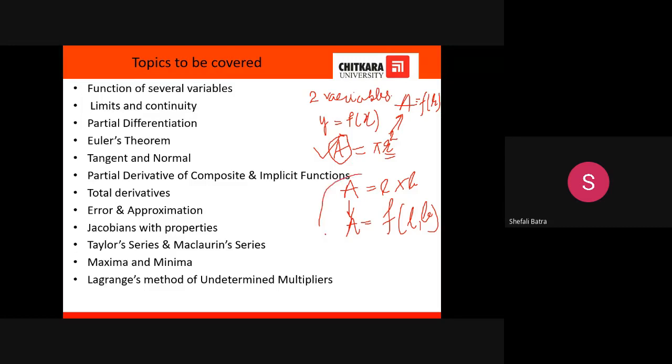When I'm talking about area equal to length into breadth, area is a function of two independent variables. In this, A is the dependent variable and length and breadth both are independent variables. So area is a function of two independent variables, that is L and B. Is it clear? Yes or no? Yes, ma'am. Right. Similarly, you can take any example.